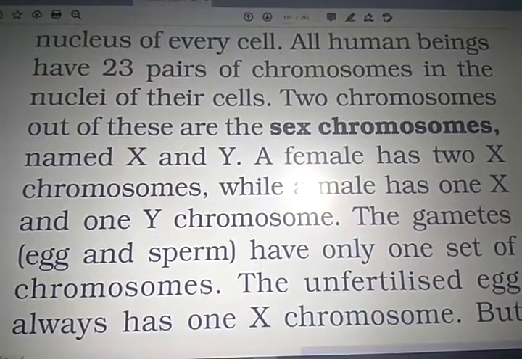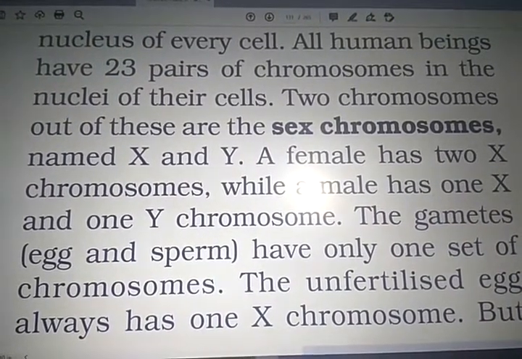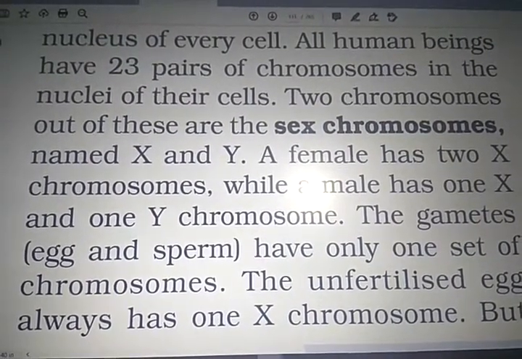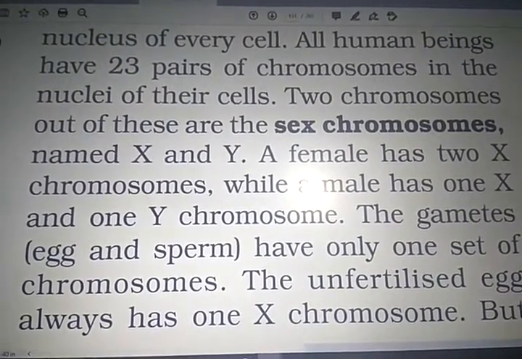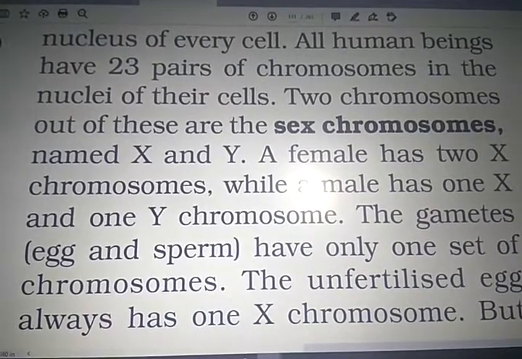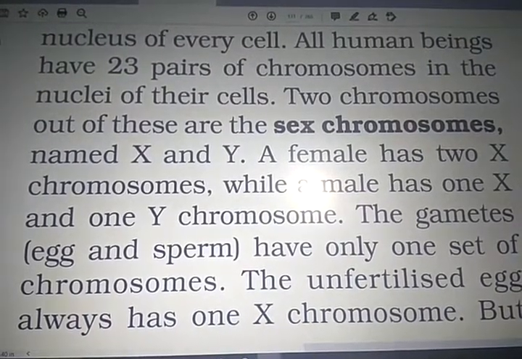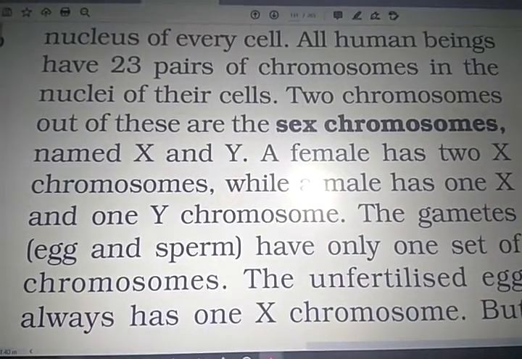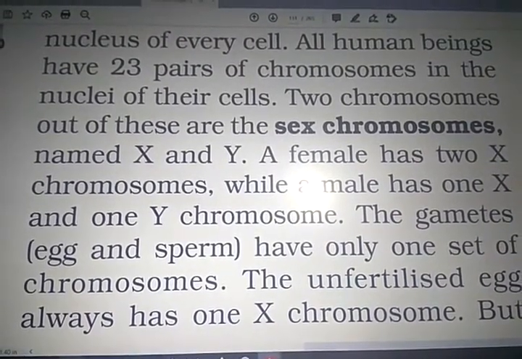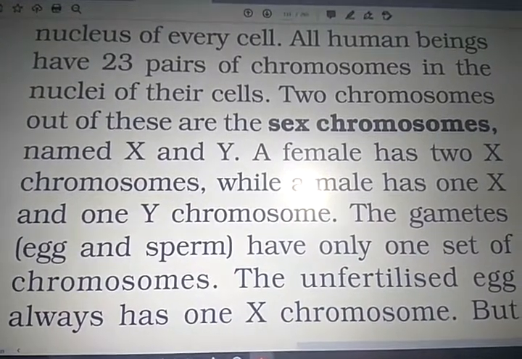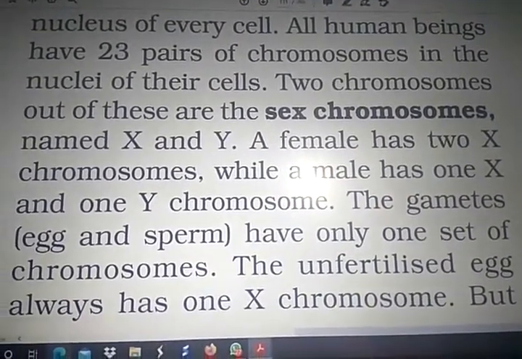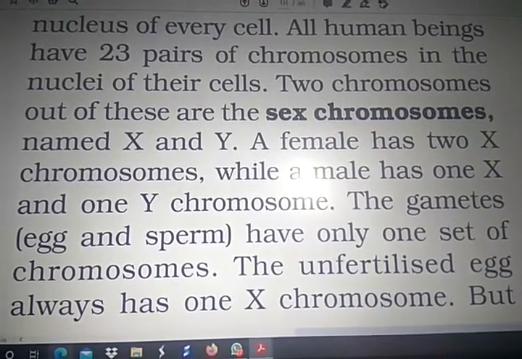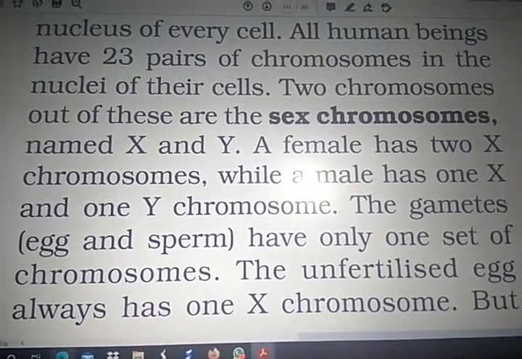So in the nuclei of their cells, 2 chromosomes out of these are sex chromosomes. 23 pairs means a total of 46 chromosomes, right? Out of them, 2 chromosomes are used as sex chromosomes, named X and Y. A female has 2 X chromosomes, while the male has X and Y chromosomes.